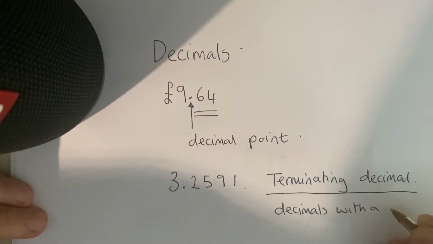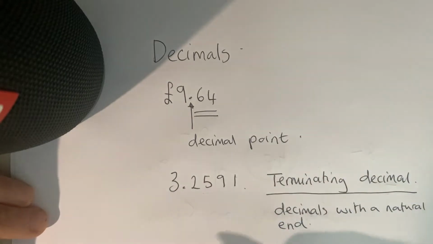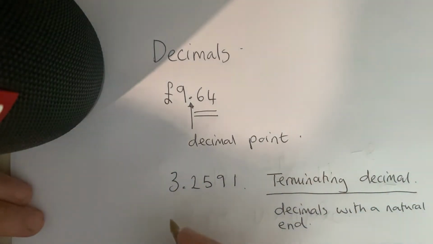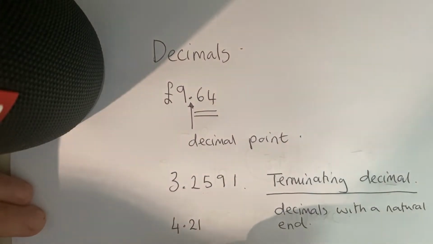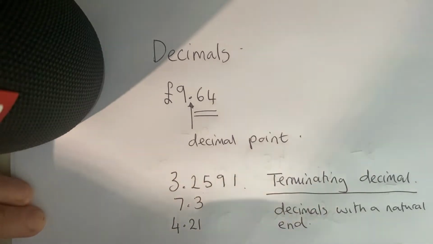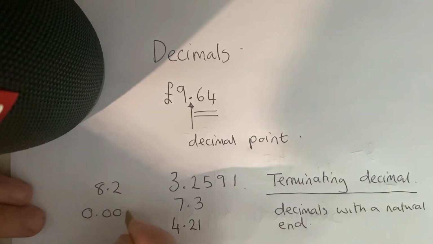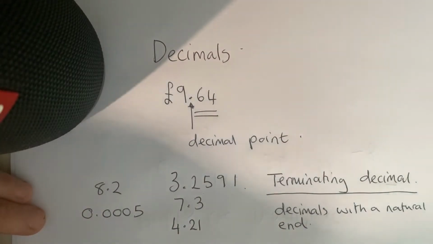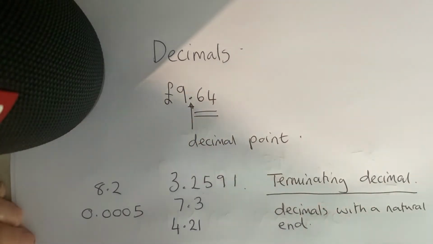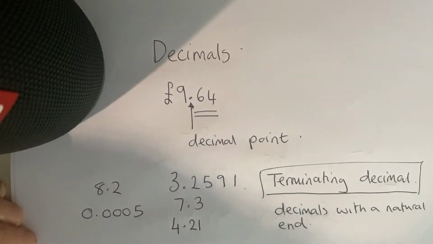Other examples of terminating decimals could be 4.21, 7.3, 8.2, 0.0005. All of these are terminating because I'm able to write them down. They've got a natural end and that's that. So we refer to them as terminating decimals. That's one piece of knowledge.